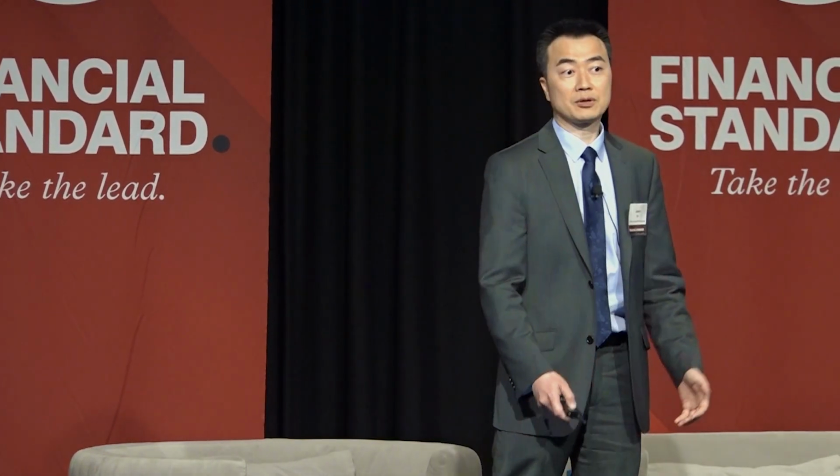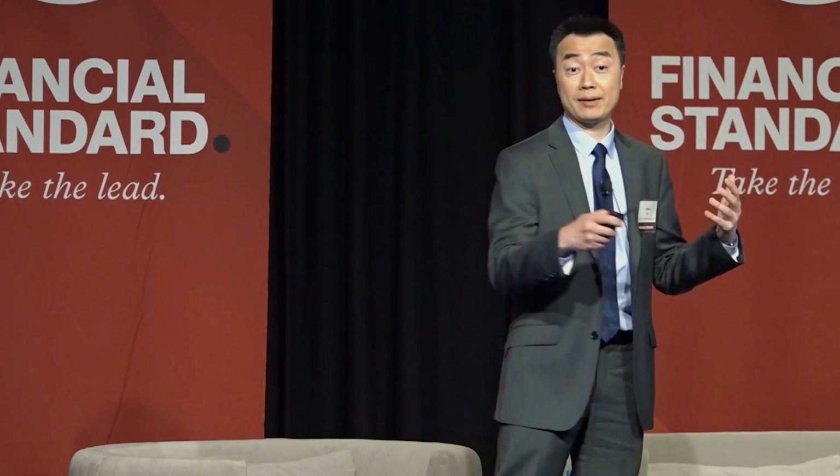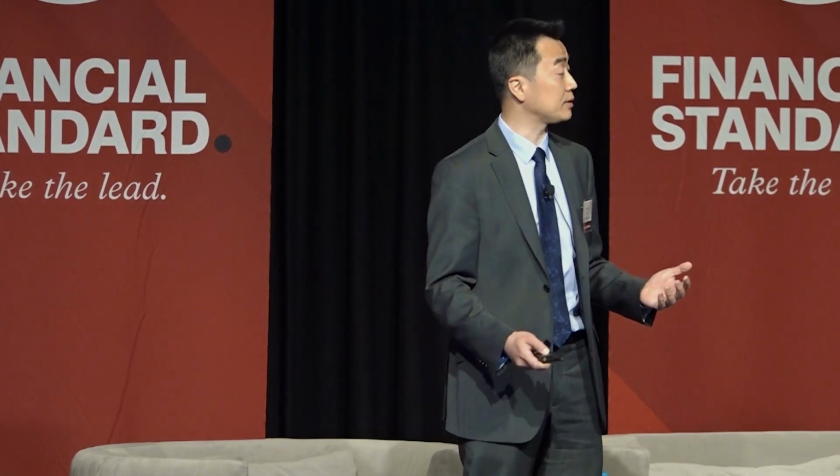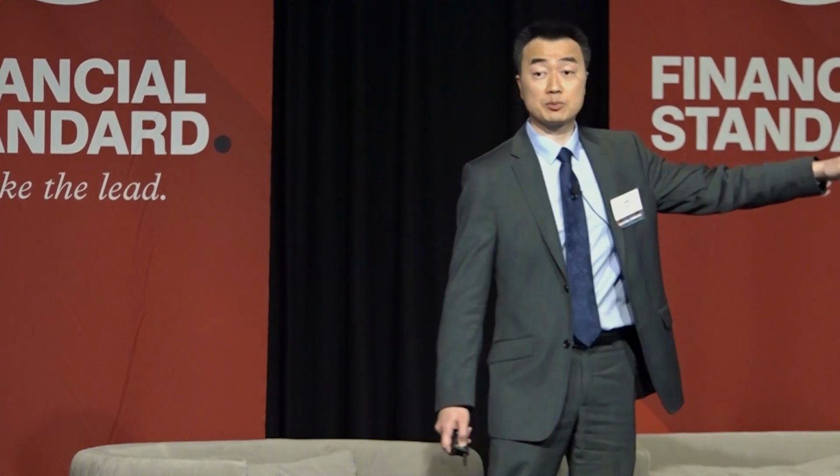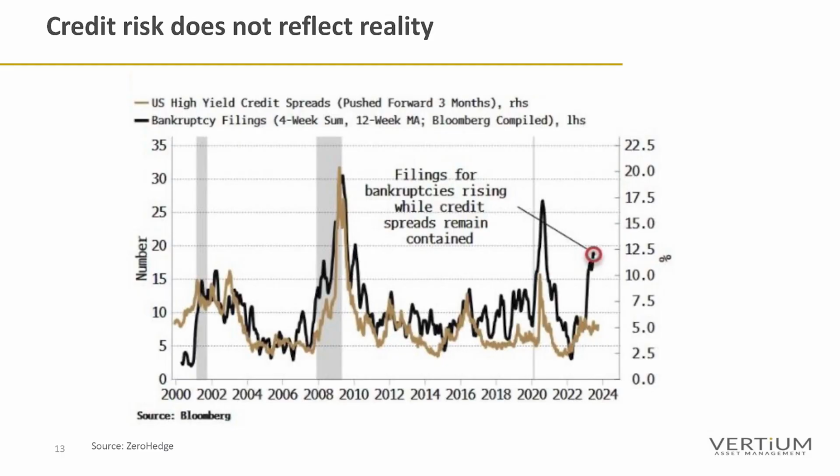So it makes sense. When the economy is doing tough, credit spiking was because people can't pay their obligations, right? And that's why things are tough. In today's environment, we see credit spreads very tame, right? Credit yields been driven up by risk-free rates, but credit spreads have been very tame, while bankruptcies are rising.